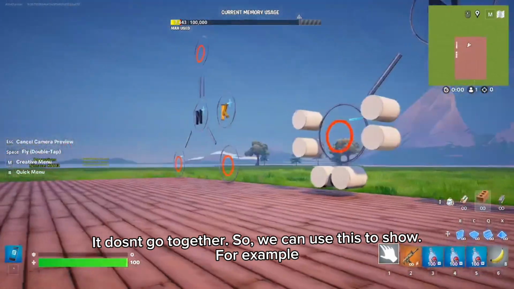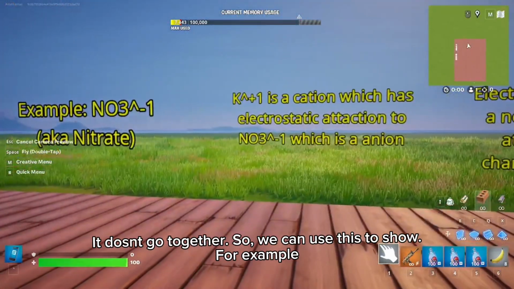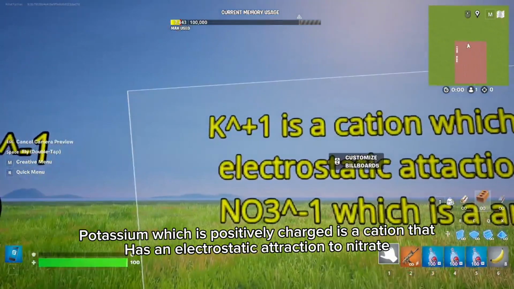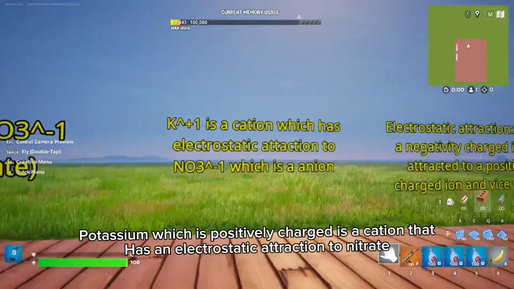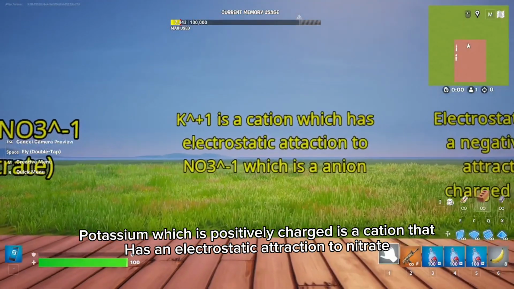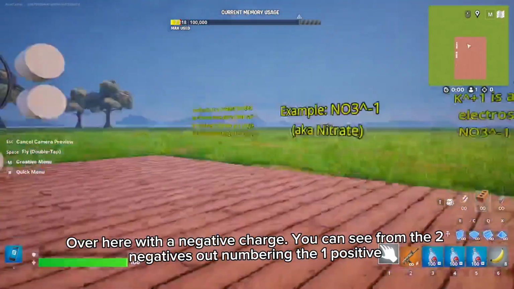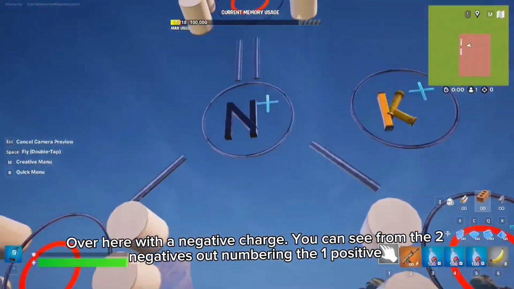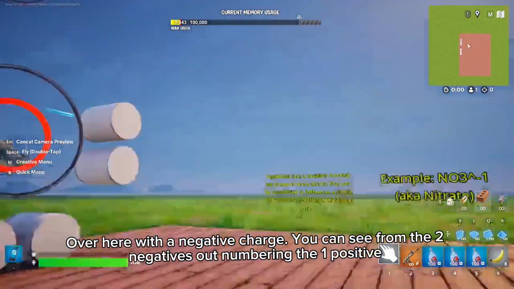So we can use this to show, for example, potassium, that's positively charged, is a cation which has an electrostatic attraction to the nitrate over here. That has a negative charge, obviously from the 2 negatives outnumbering the 1 positive right there.